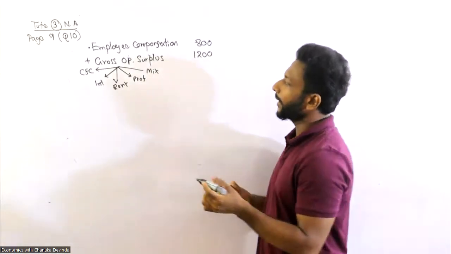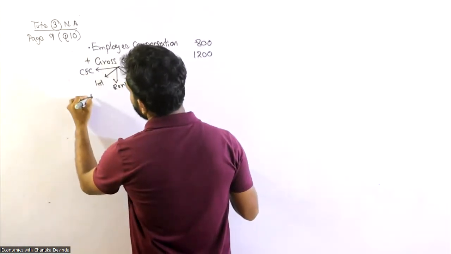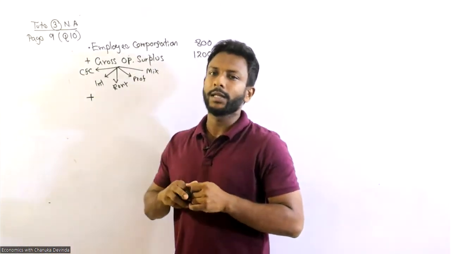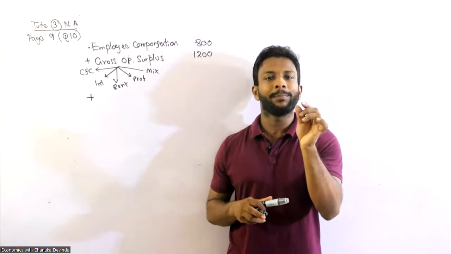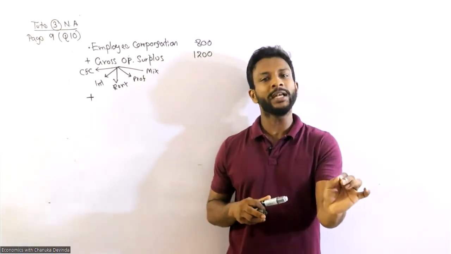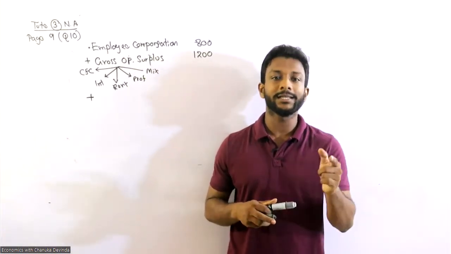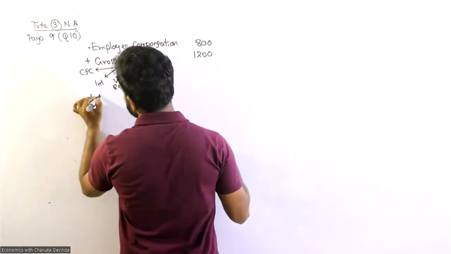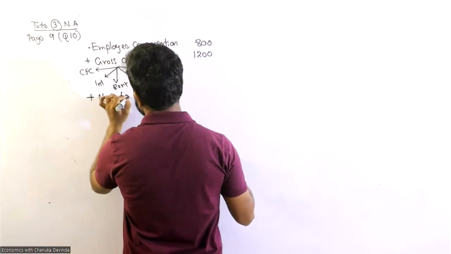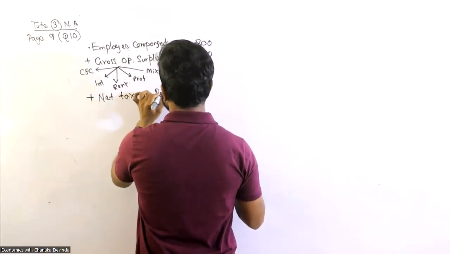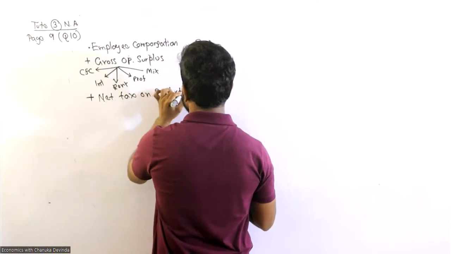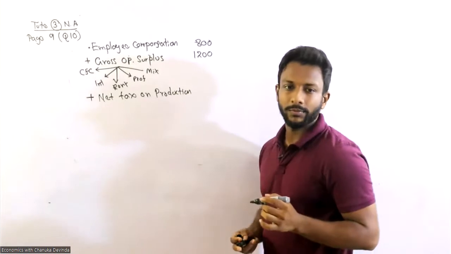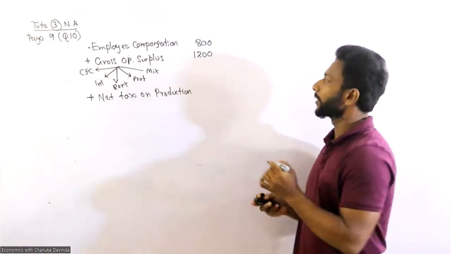So we can add one line item in here, because I told you when I explained the question, there is some net tax that should be included in basic price. That is what? Net tax on production. How much? Net tax on production was 40.